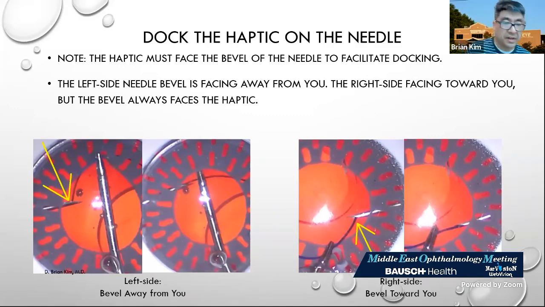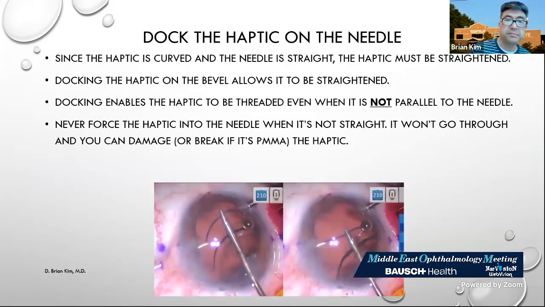So you can see again on the left side, the bevel is away from you, and on the right side, the bevel is towards you. But you can see the approach of the haptic is almost perpendicular, but as you're able to flatten it, it engages the bevel and docks, and you're able to turn the haptic, flatten it out, make it parallel to the needle, and then you can slide it.